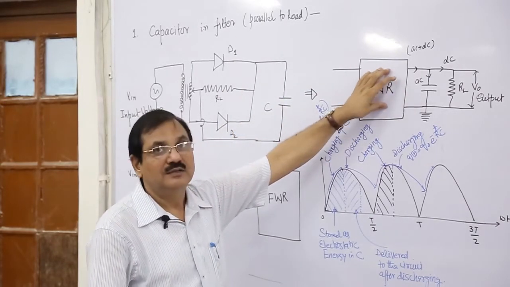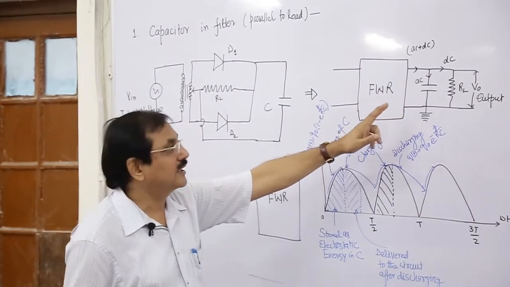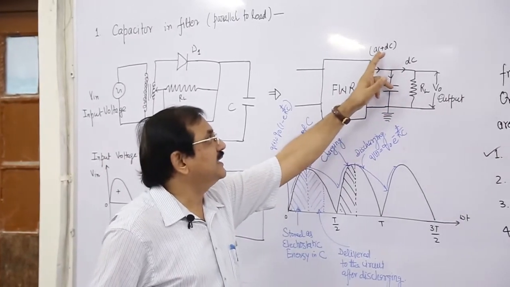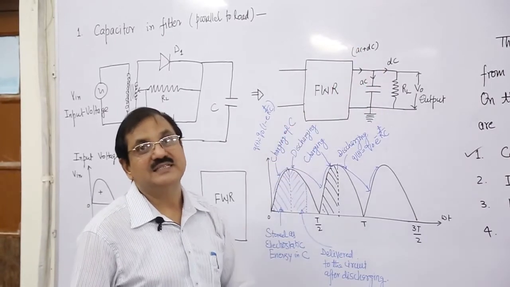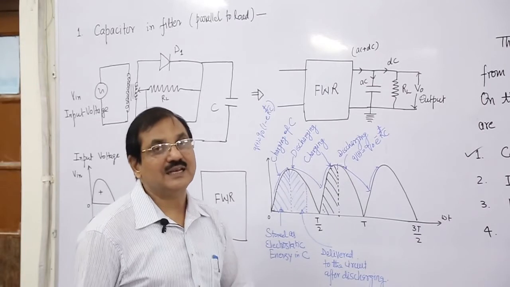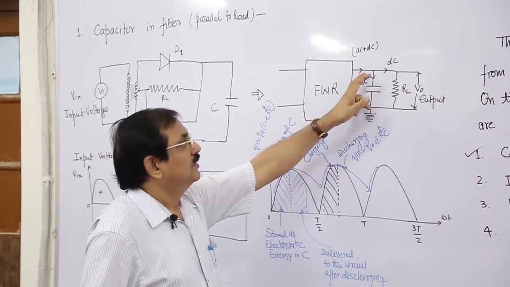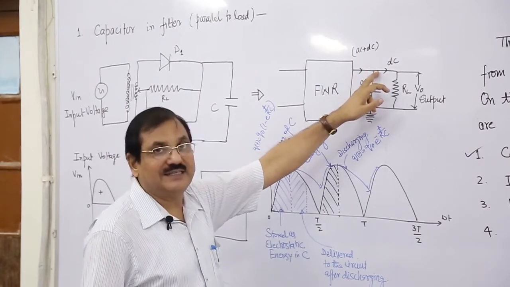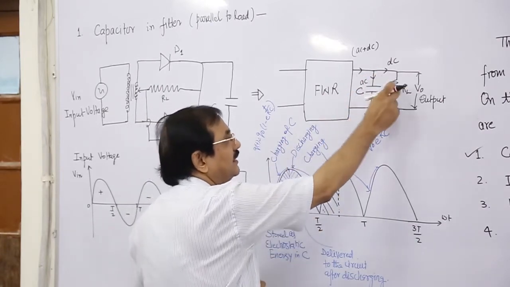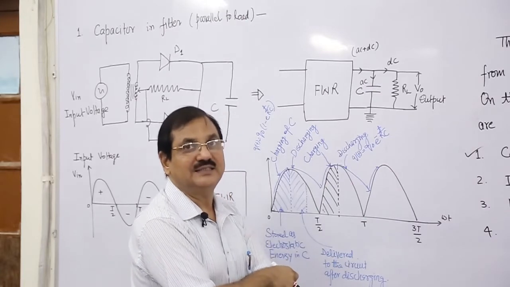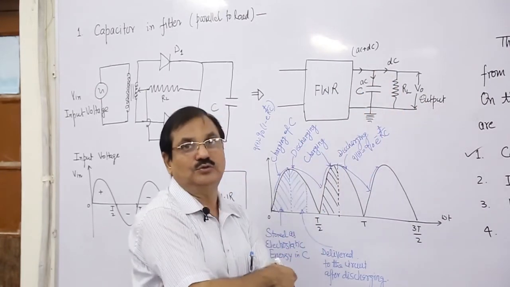So, in this block there is a complete circuit inside it, and the output of this block has both AC and DC components, and the ripple factor is 0.46. This output is connected with a capacitor C, and here is the resistance RL, that is the load. The load voltage output is taken across the load.